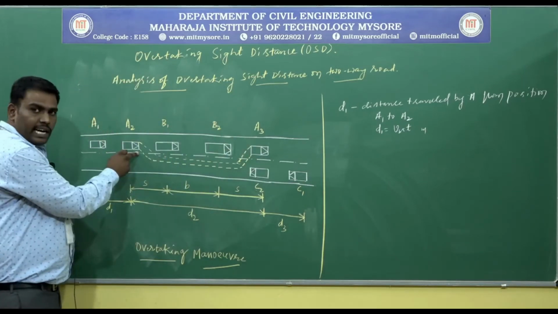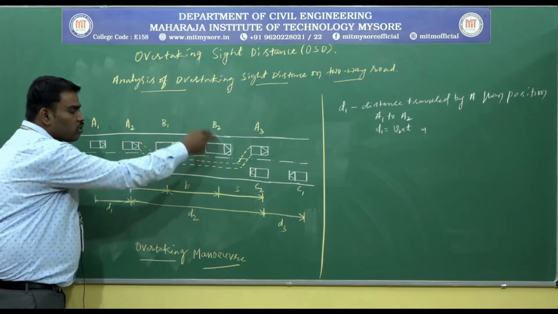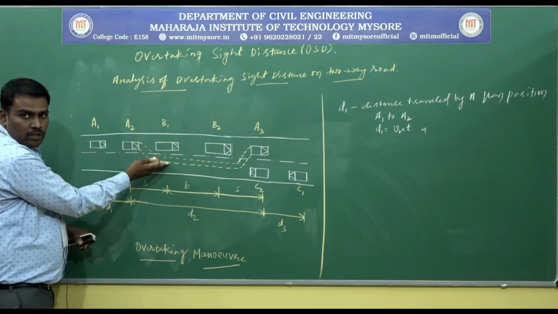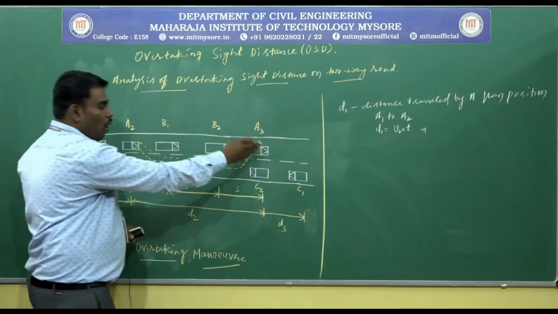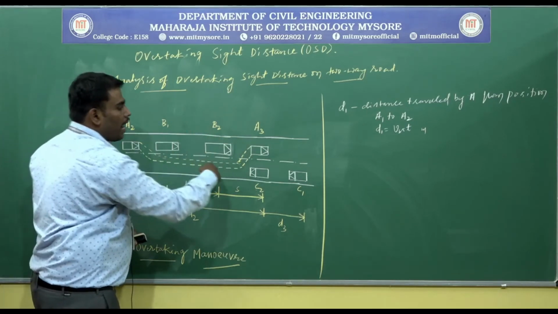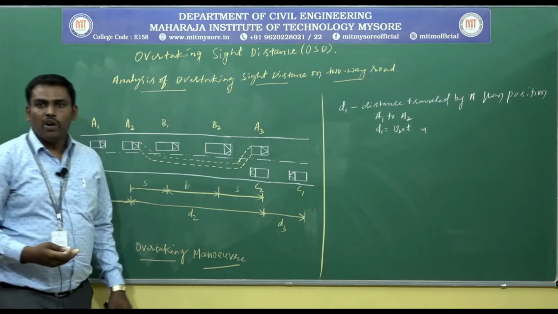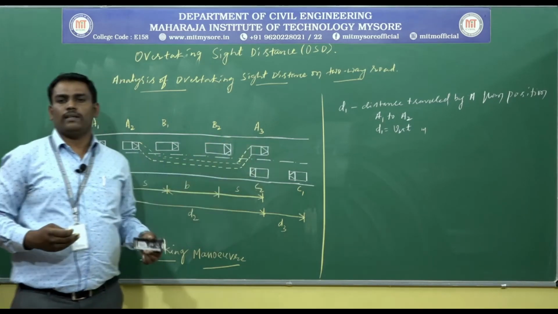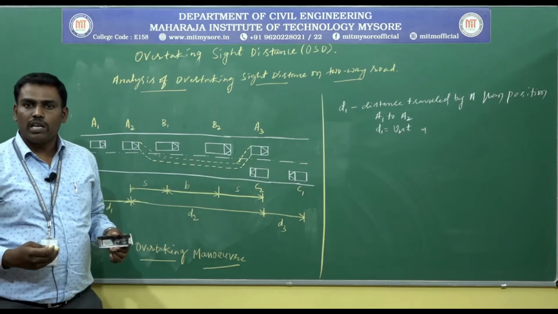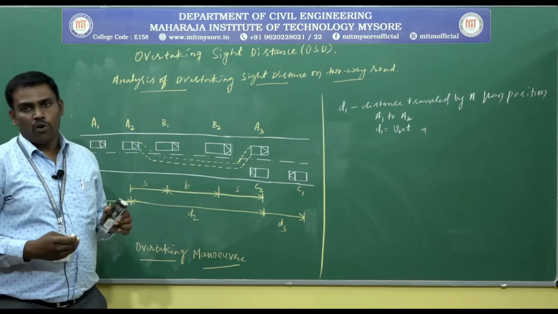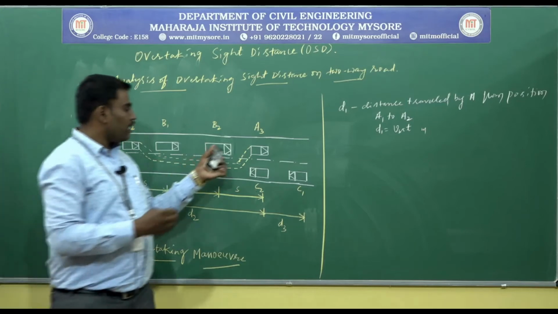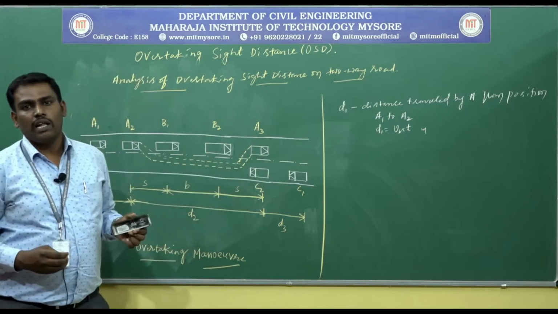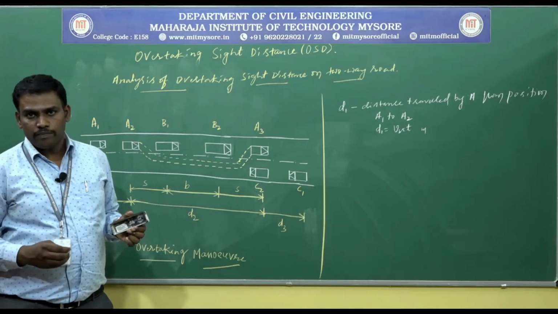When he gets an opportunity, he shifts to the adjoining lane, overtakes the slow moving vehicle and shifts back to the original lane ahead of the slow moving vehicle, allowing the same minimum spacing S between the overtaking vehicle and the overtaken vehicle.